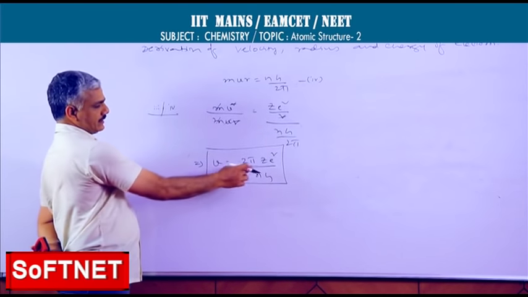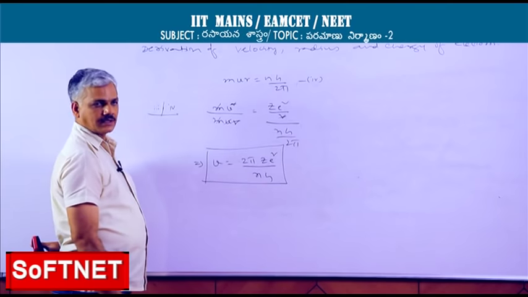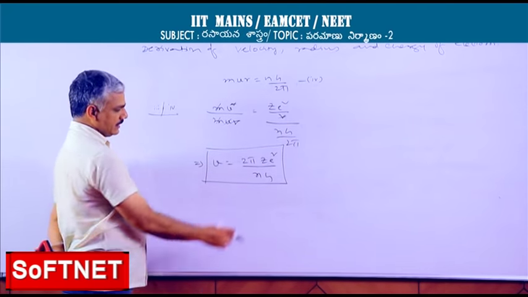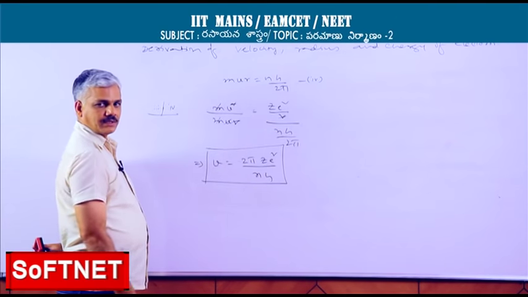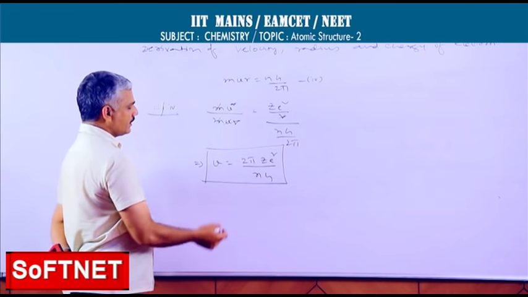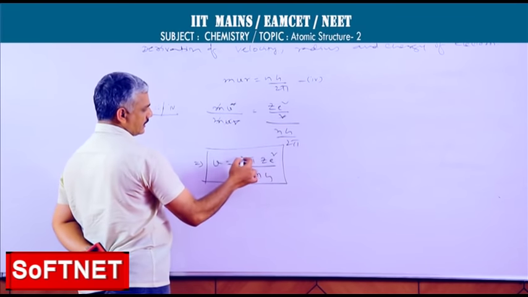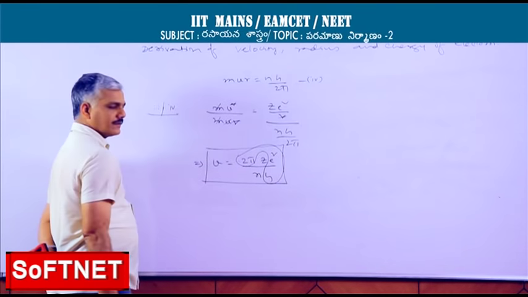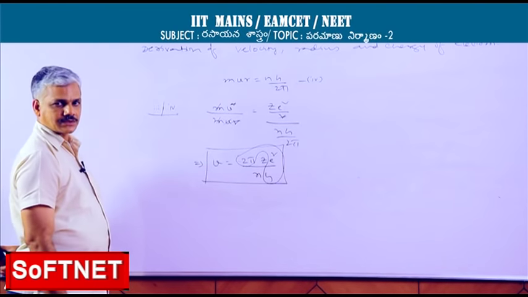In this expression, Z stands for atomic number of the element, E stands for charge of electron, N is number of the orbit, H is Planck's constant. Now, in this expression, except Z and N, rest of the things are constant values.